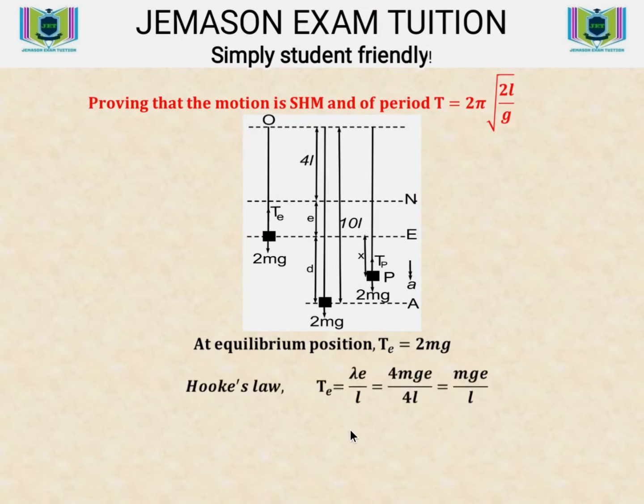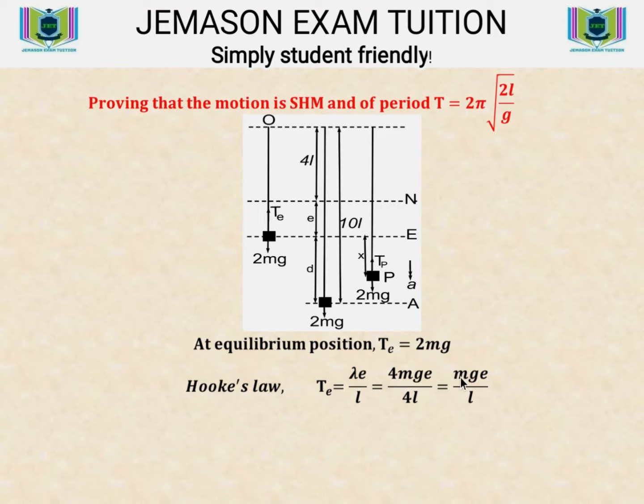But from Hooke's law, that equilibrium tension is supposed to be the modulus of elasticity times the equilibrium extension all over the natural length. The modulus of elasticity is given as 4mg, so times the equilibrium extension all over the natural length, which is given as 4L.